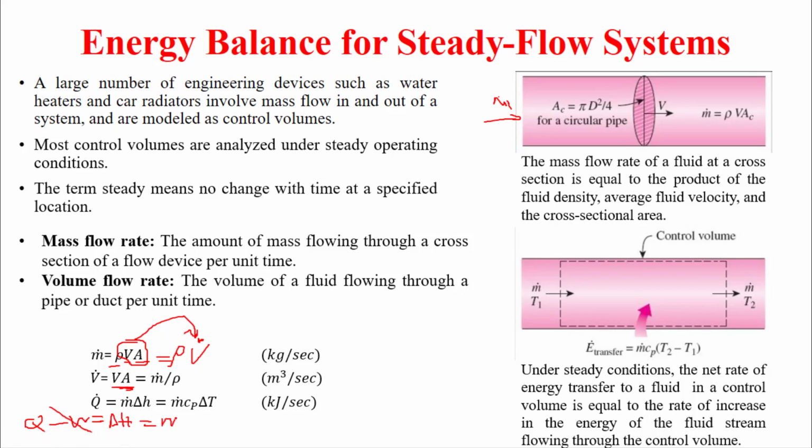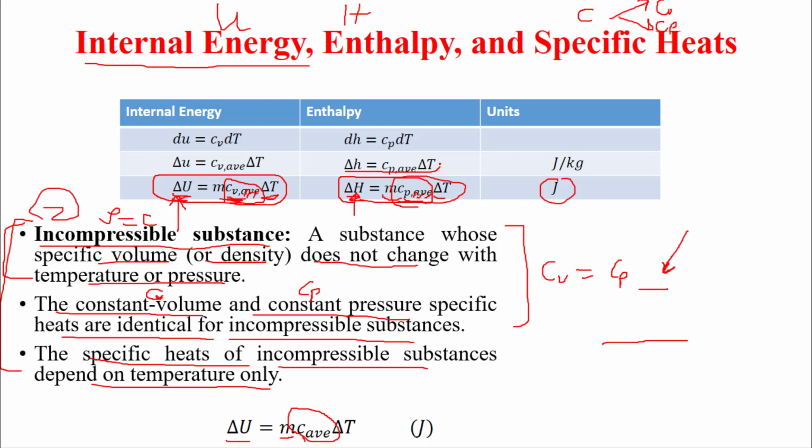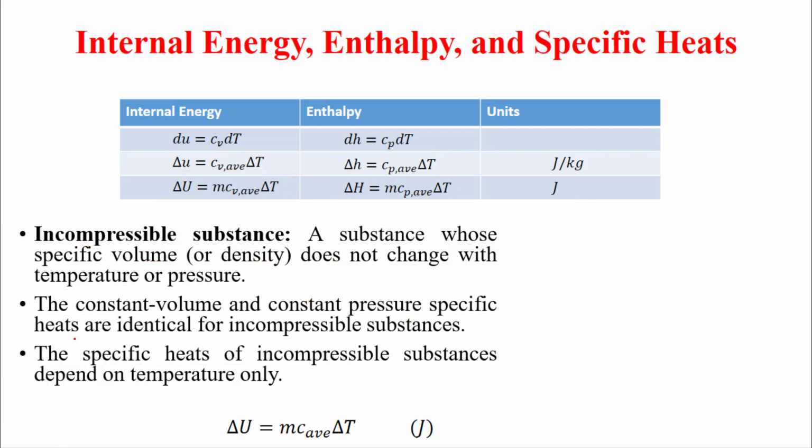This delta H, if we are dealing with dot, is m dot delta h, and this is equal to m dot Cp delta T. This equation is represented here: delta h in lowercase is Cp delta T, and delta u in lowercase, specific, is Cv delta T. If I need it in uppercase, then I simply multiply these terms by m.